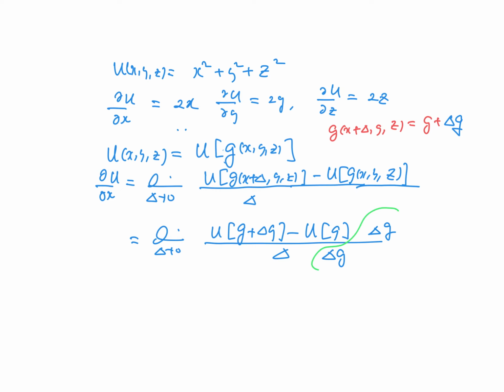You can do that, right? You can always do nothing: multiply by 1, or multiply by something and divide by the same thing. When delta x goes to 0, delta g also goes to 0, right?